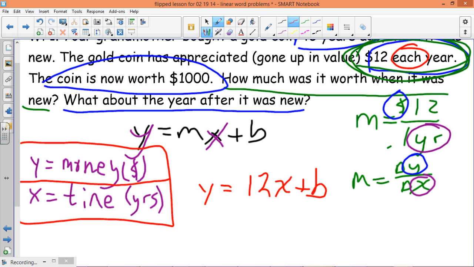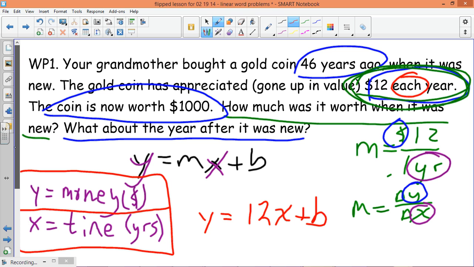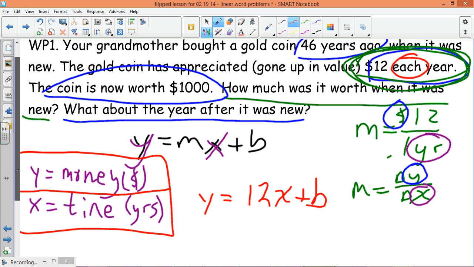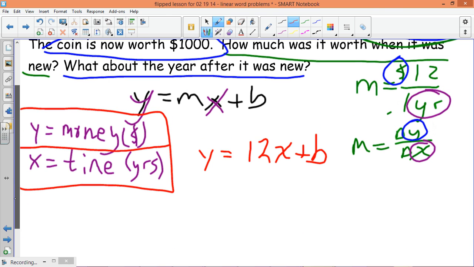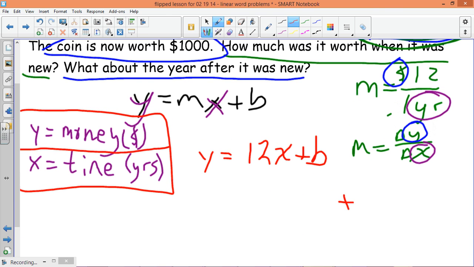Well, I am not given my y-intercept, because my y-intercept is when x is 0, or when time is 0. I am not told what that is. That's actually one of the things I want to find out. But I am told one other piece of information. The coin was bought 46 years ago, so time is x, money is y, so time comma money, that's a coordinate point that I have.